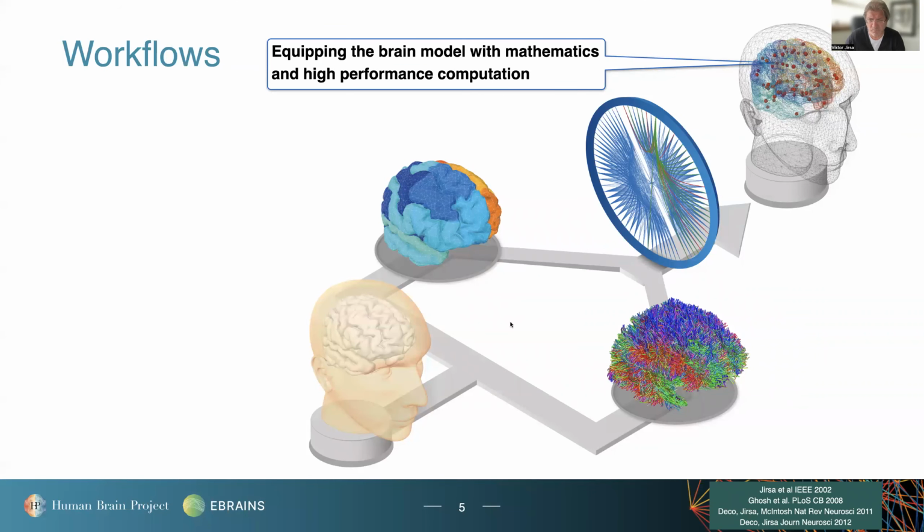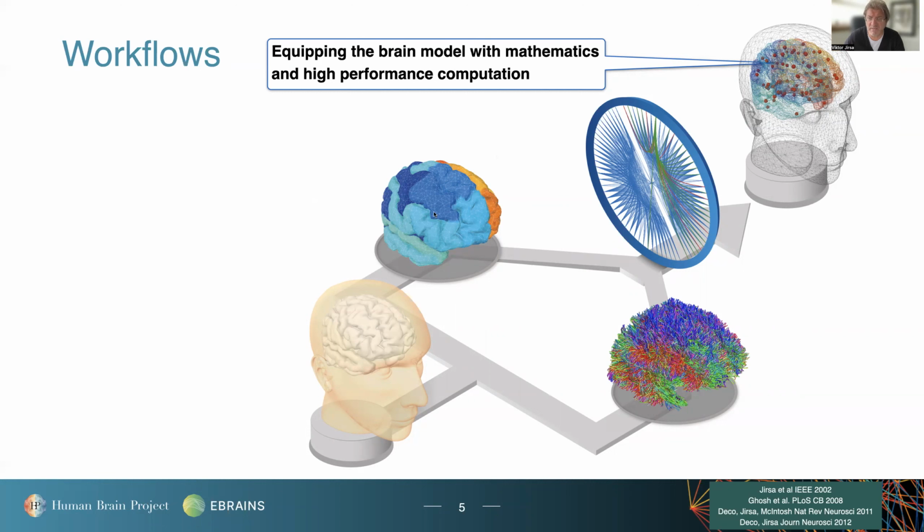Essentially, you are starting from the measurement of non-invasive brain imaging data of an individual. And typically we do this with MRI. You extract the topographic information, which is cortical surfaces and the subcortical subsystems.